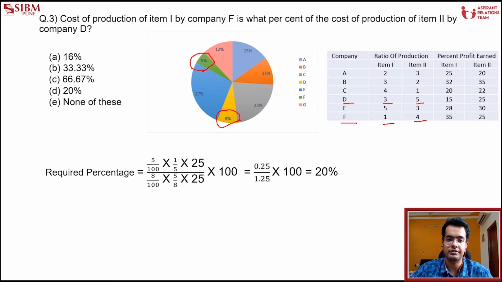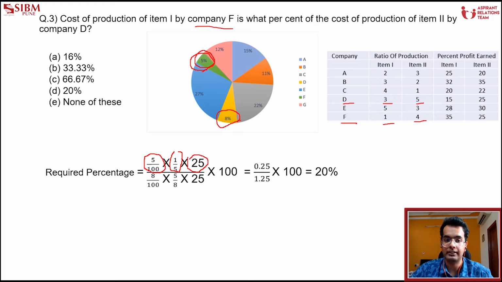It's again a one-line solution. Let's figure out what happened here. For company F, because we need company F's value in the numerator, we need to find the value of company F for item 1 with respect to the value of company D for item 2, as a percentage. For company F, 5% of the total production is by company F, so we calculate 5%. Next, the ratio of item 1:2 is 1:4, so 1 plus 4 is 5, so it's 1/5. And the total production is 25 crores.